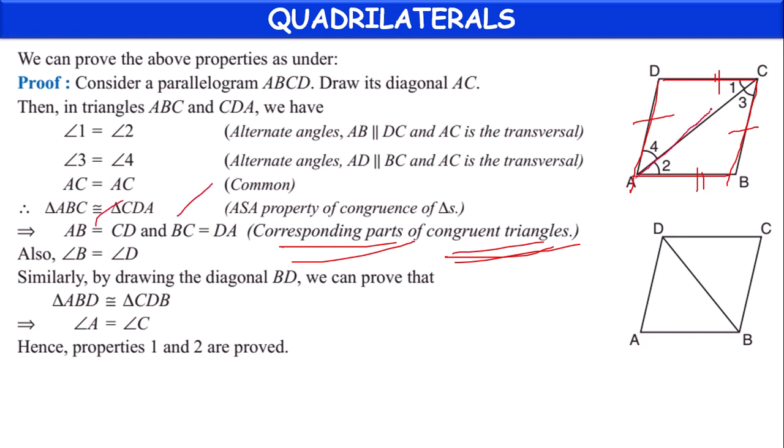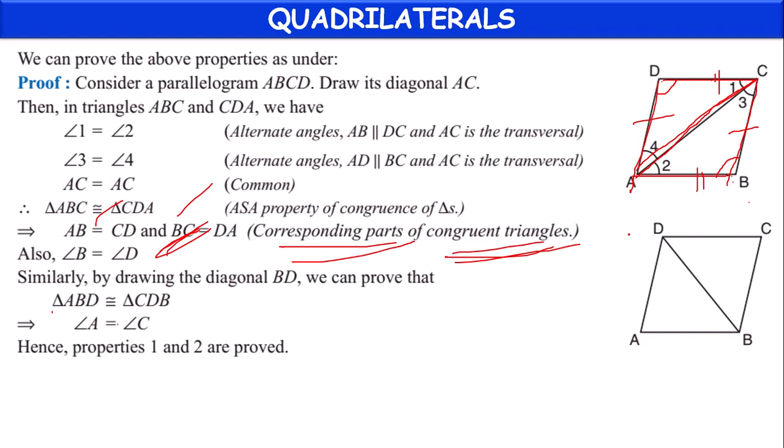Already AC equals AC is common, so the remaining two sets are also equal. And angle B equals angle D. In this triangle angle B, in the other triangle angle D. These angles are also equal.